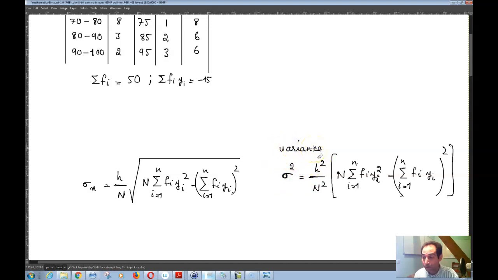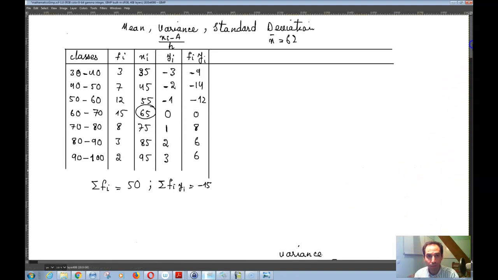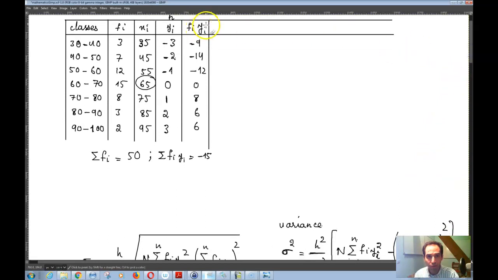Now, to calculate your variance, you already have your h squared, you have your n squared. You need to calculate f of i times y of i squared and take the sigma of that, and you need f of i times y of i, which we have already calculated, take the sigma of that and raise it to the second power.